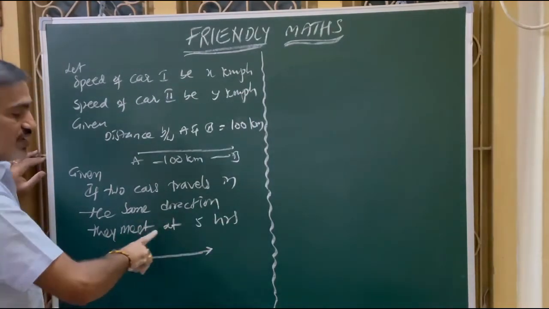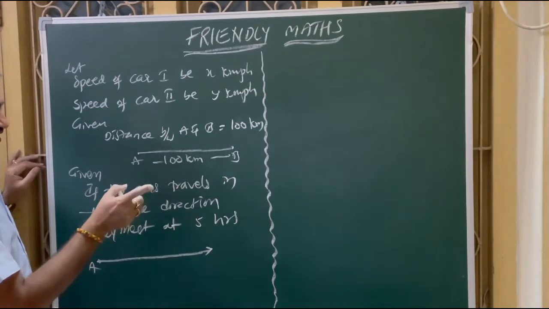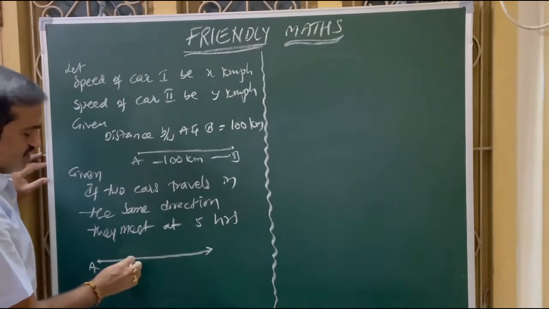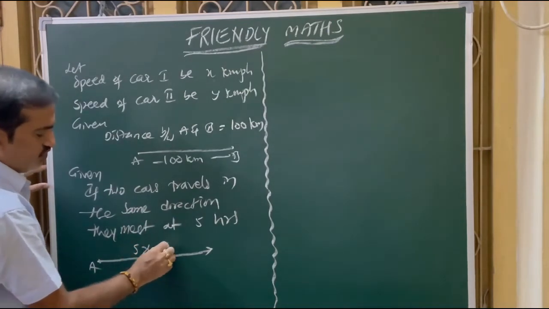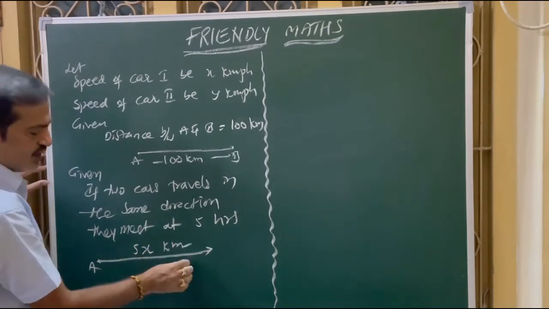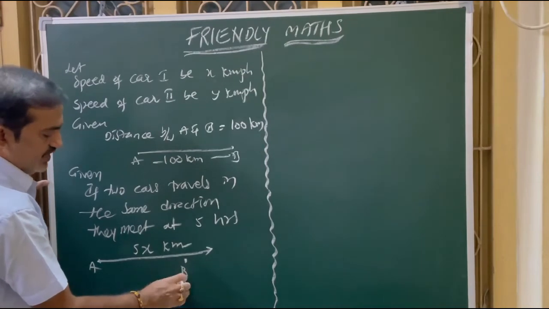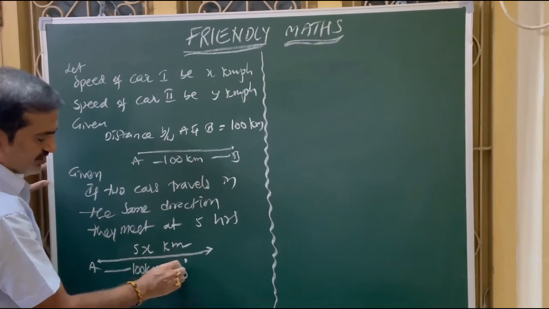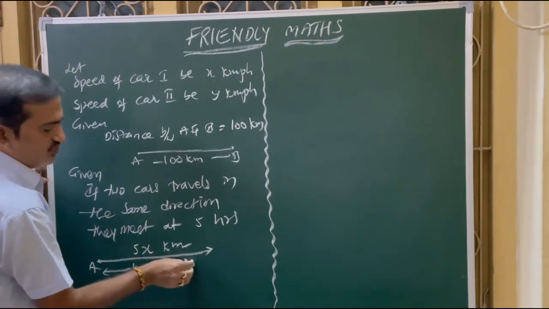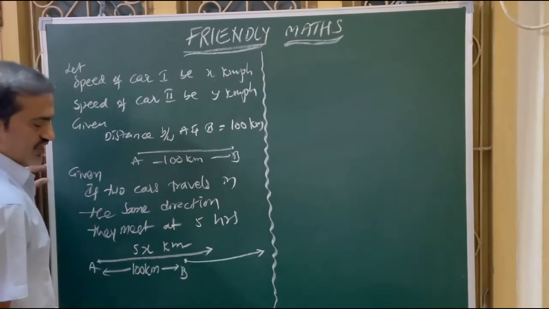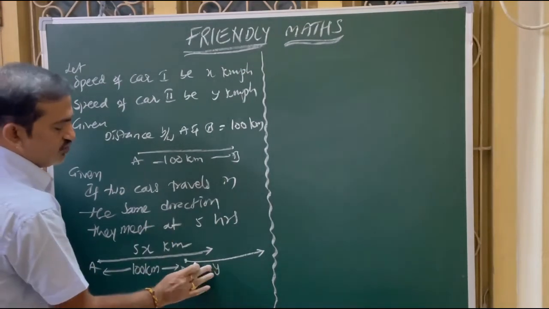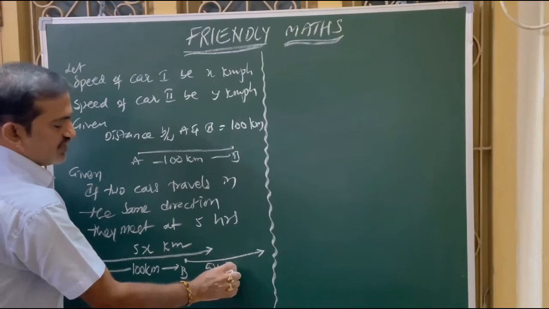Then how much distance does it cover? For 1 hour it travels x kilometers, but it travels 5 hours, then 5x kilometers. From B also, the distance between A and B is 100 kilometers apart. From B, there is one more car that travels with a speed of y. It travels 5y kilometers.